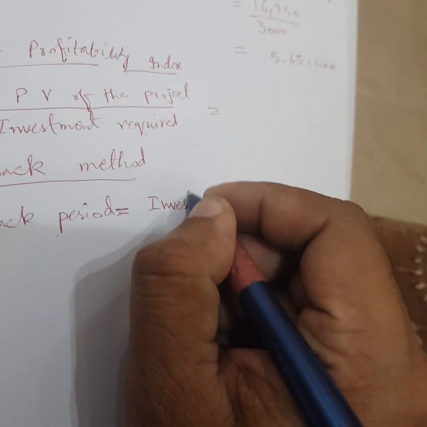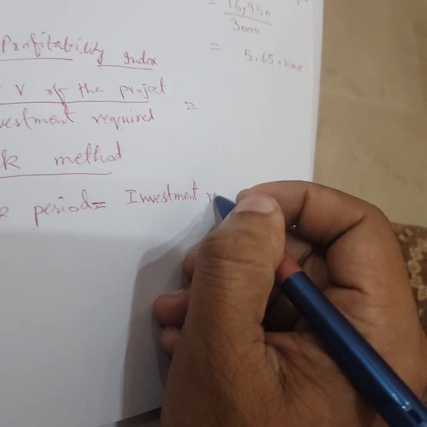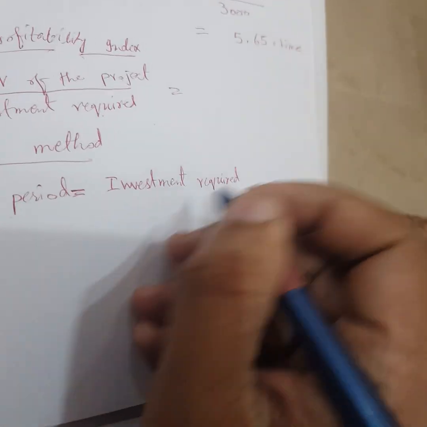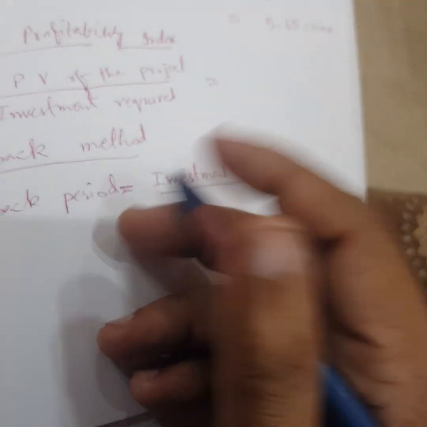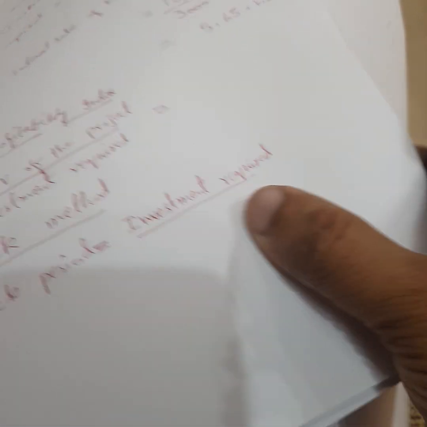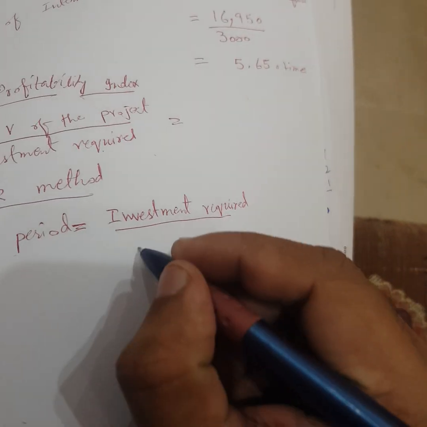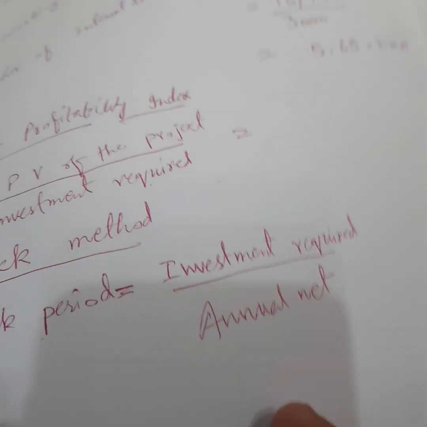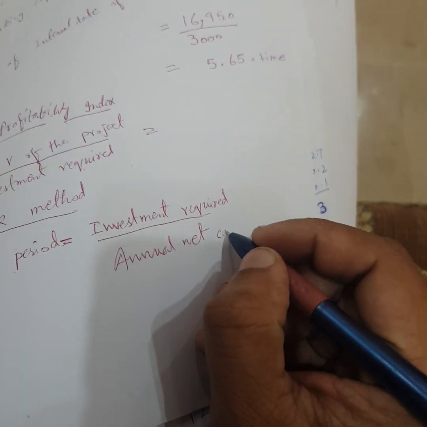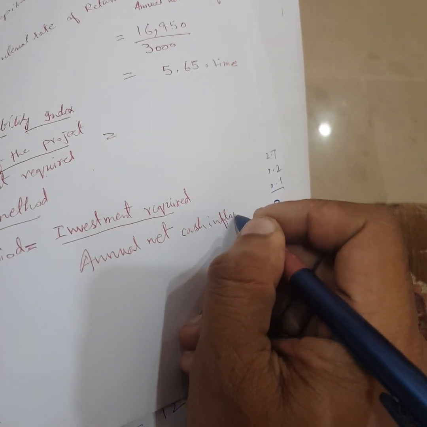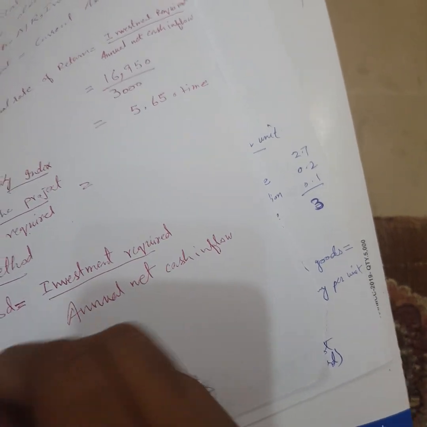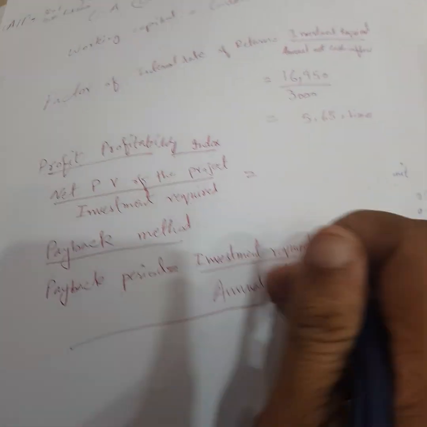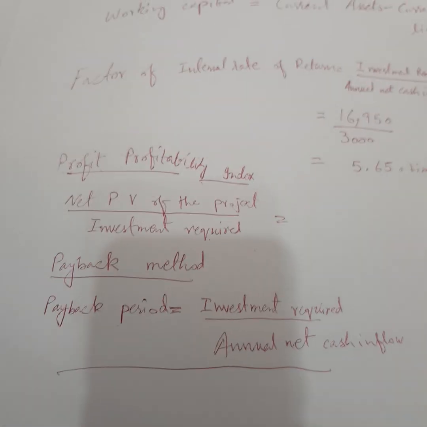It will be the ratio of investment required with annual net cash inflow. This formula will explain in how much tenure we will be able to get our initial investment back.